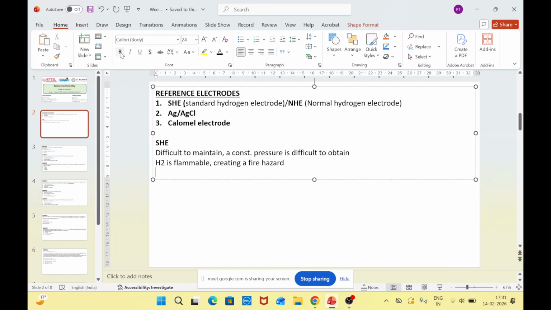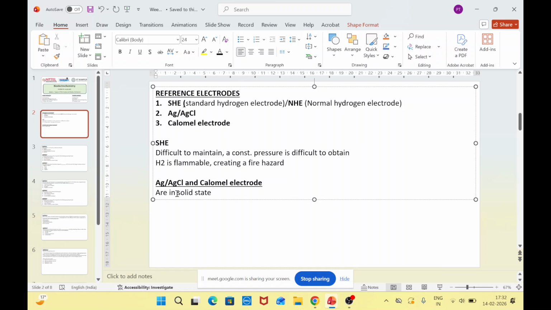However, in case of AgAgCl or the calomel electrode, both these limitations are eliminated. The major reason is that the AgAgCl and the calomel electrodes are in solid state. That is the main advantage both these electrodes carry with them. And the second thing is they are sealed and they are safe.